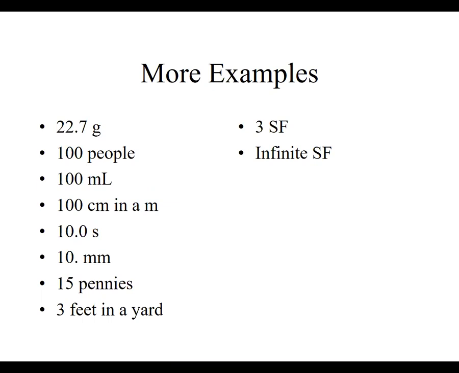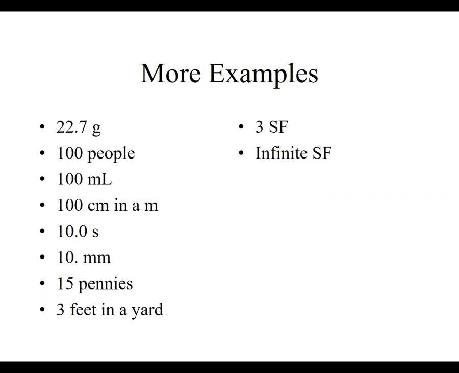Milliliters are continuously variable. Unlike the people where you can have 99 people or 100 or 101, but you can't have anything in between. But you can have like 99.9 milliliters, right? You can have 99.999 or 100.01. So that measurement is continuously variable.